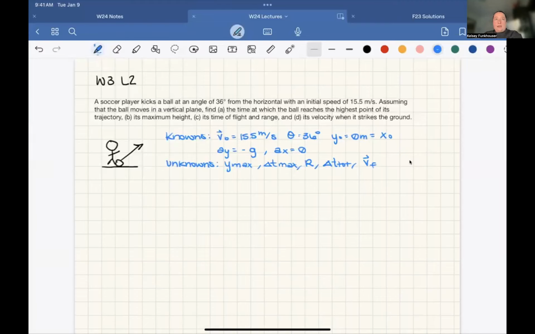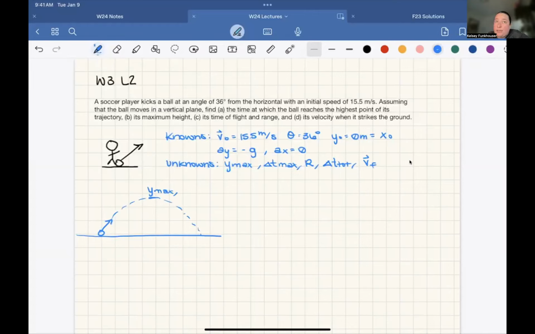Okay, one thing I want to do is just draw the situation a little bit so that we can break it up into parts. So I'm going to just draw our trajectory. So one of the things we want is at this point here, the y max, maximum height.